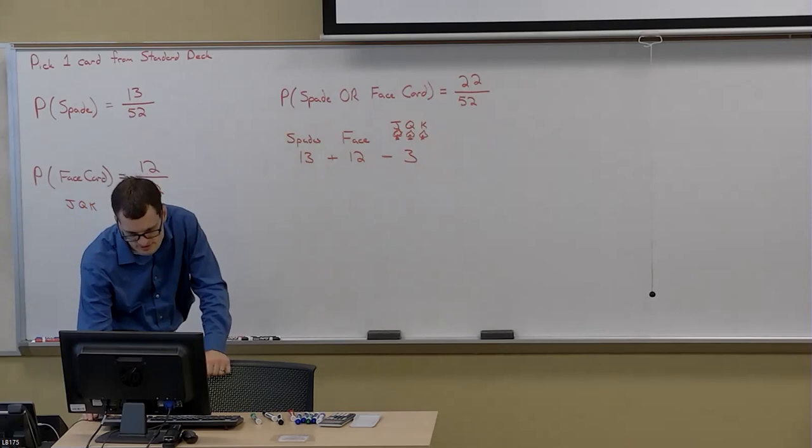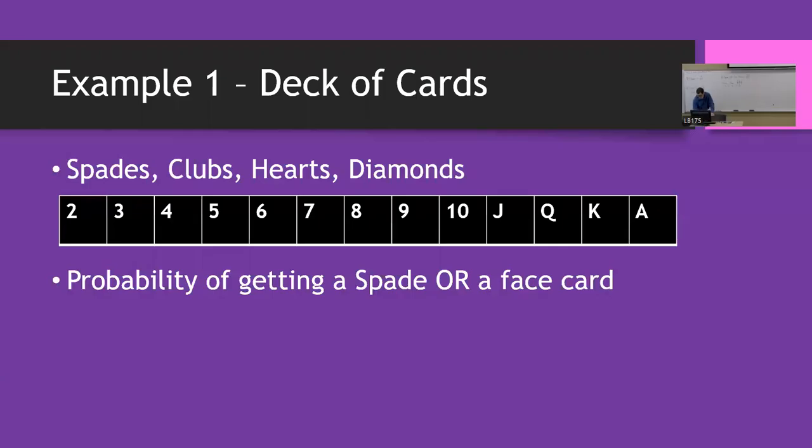I'll get to that in just a moment. Everybody get the concept though? So you have 13 spades, and then I have to add in all of the other face cards, the ones that are not spades. And the other face cards are the face cards minus the 3 spades I already counted. In one sense.